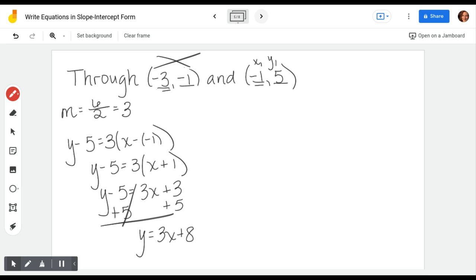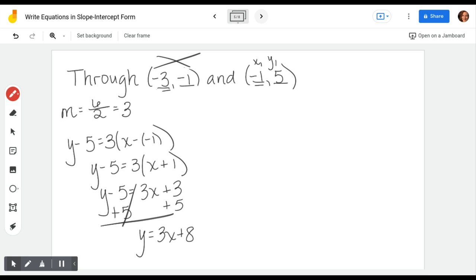Last one. You're still going to find your slope. It's still going to end up being -1. And then you need to pick which point you want to use. Since I did 5, 0 last time, I'll do 5, 0 this time. So this is going into y equals mx plus b. I'm going to substitute those values. So it's going to say 0 equals -1 times 5 plus b.